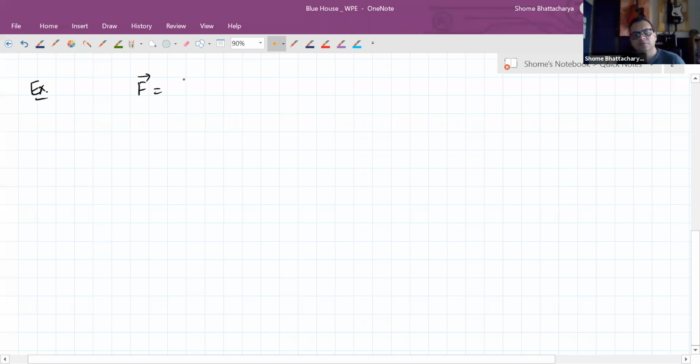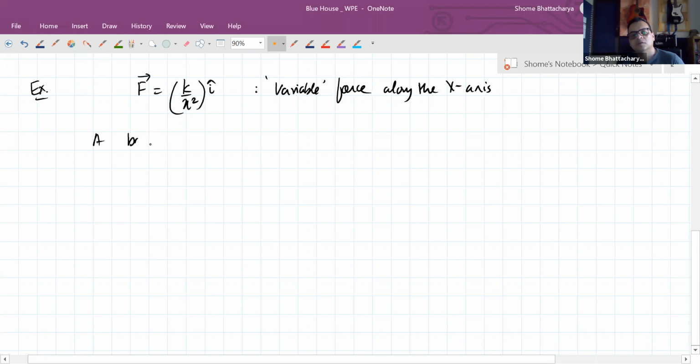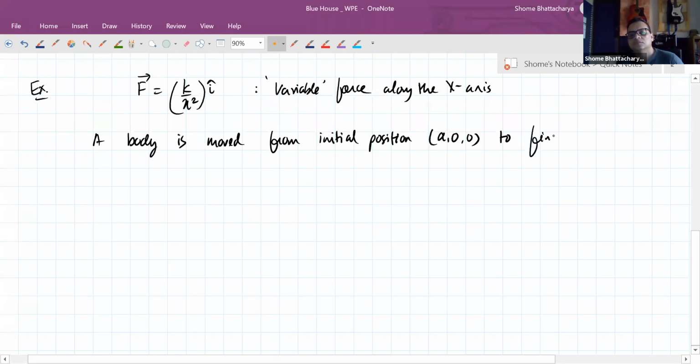We have a force of this type, a variable force along the x-axis, and a body is moved from this initial position to this final position.